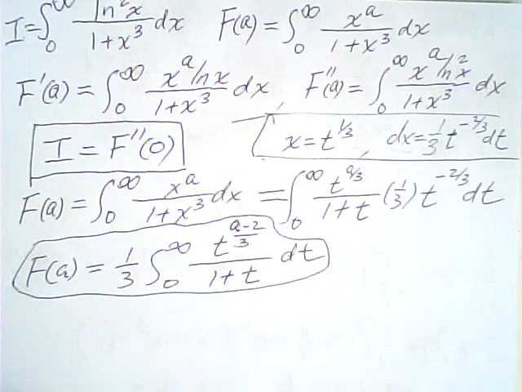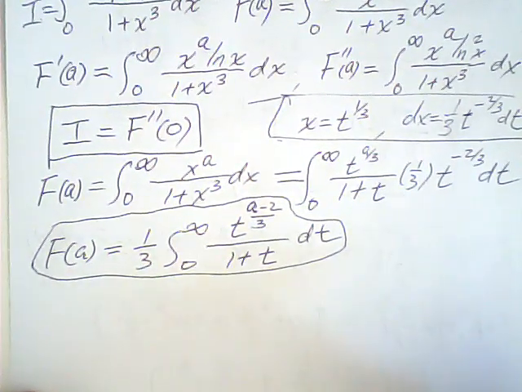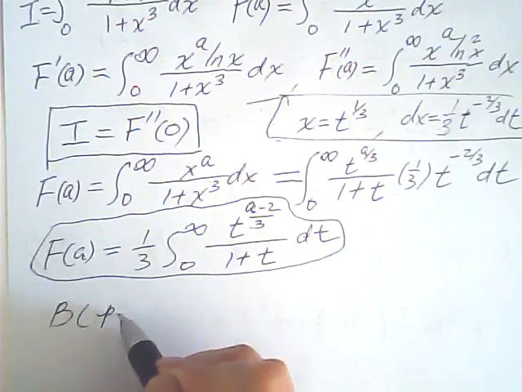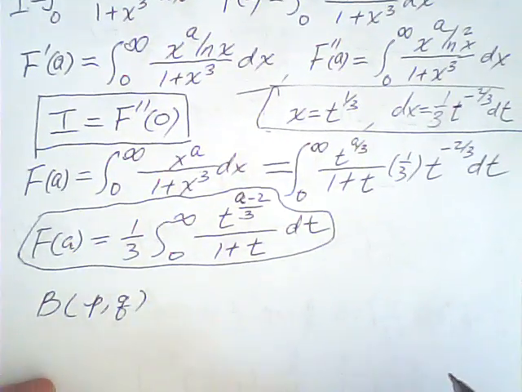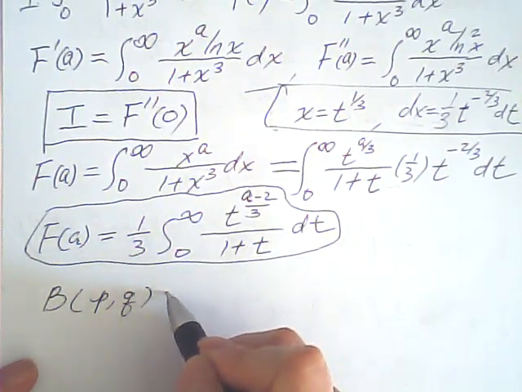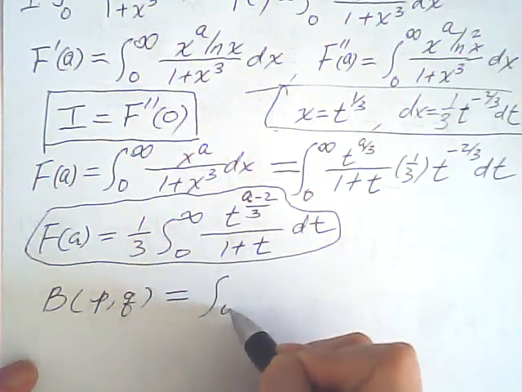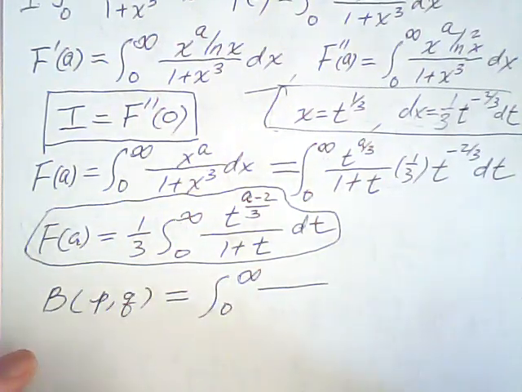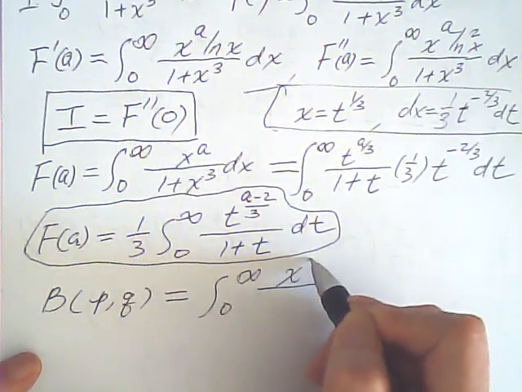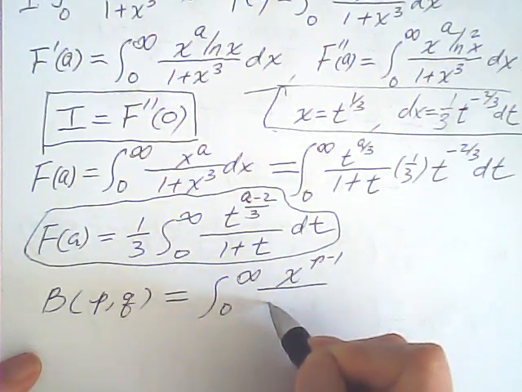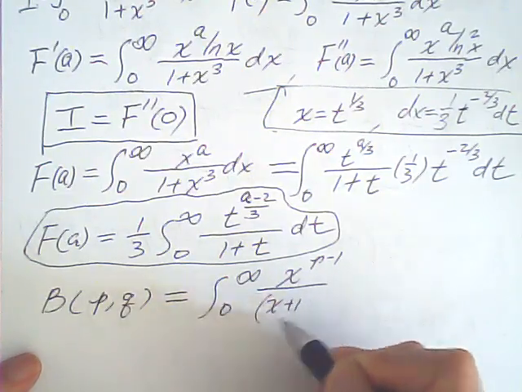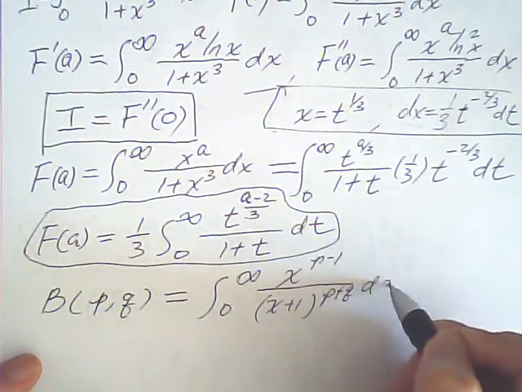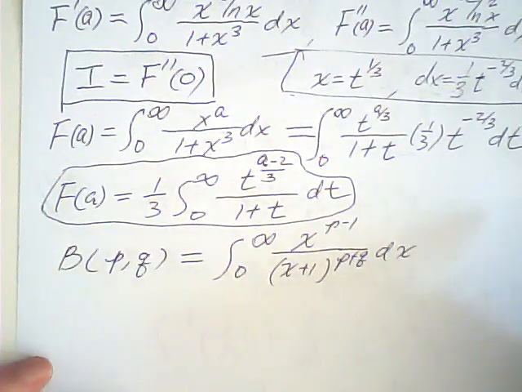Here we use the beta function B of p, q. Now there are several forms of a beta function. I'm using this one: the integral of x to the p minus 1 over x plus 1 to the p plus q dx.